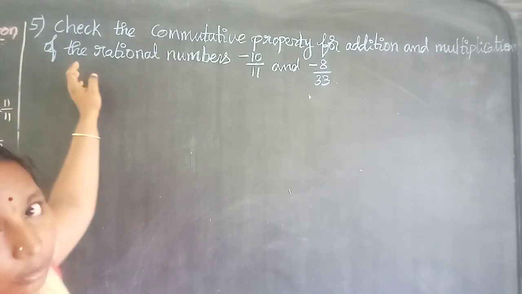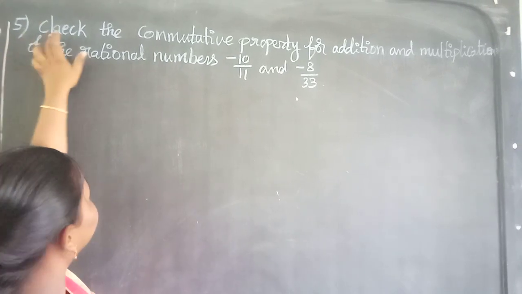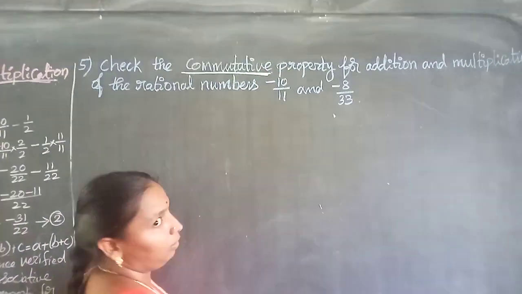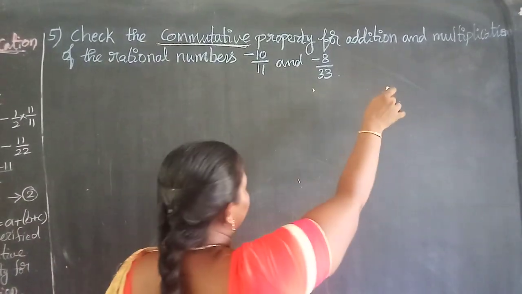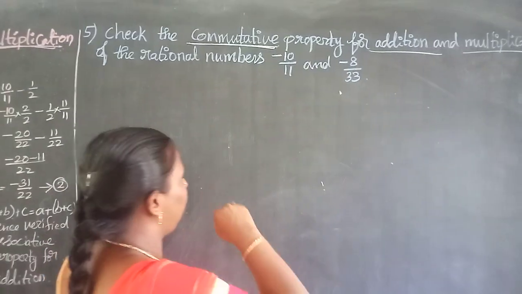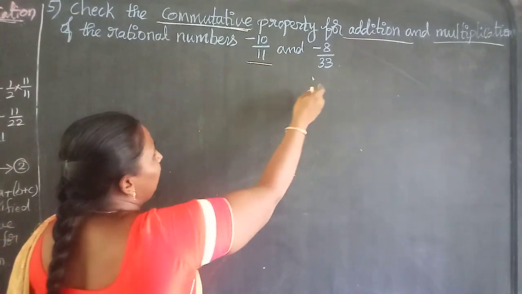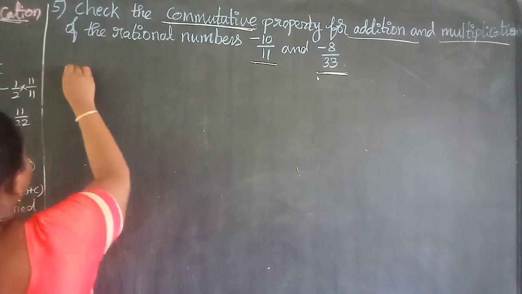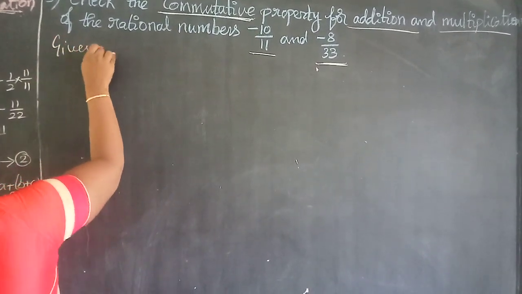So next we are going to see the fifth one, check the commutative property. Here we are going to check what property? Commutative property for addition and multiplication. Given that rational numbers are minus 10 by 11 and minus 8 by 33. Okay. First write the given rational numbers.